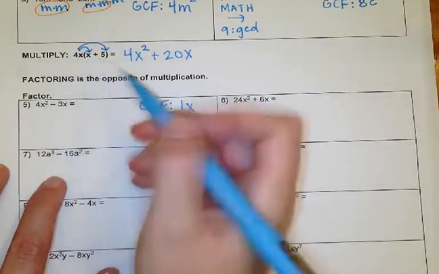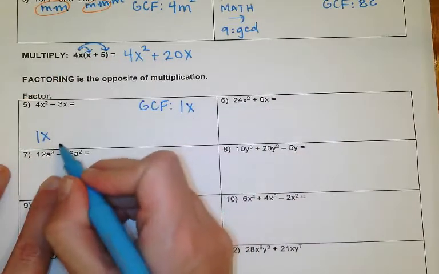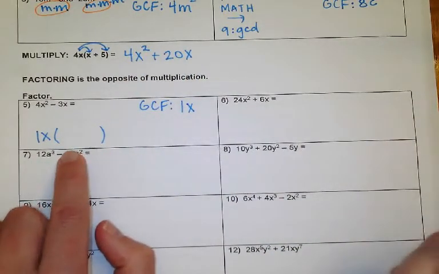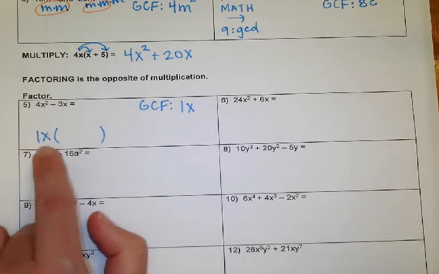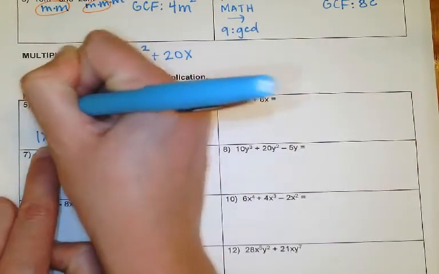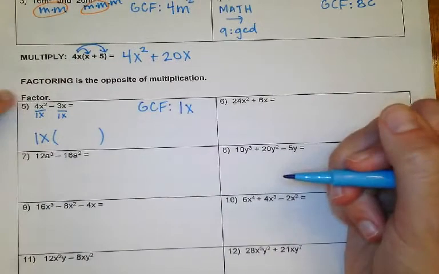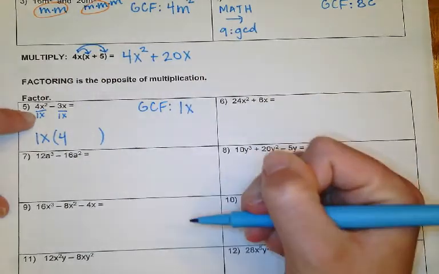So when we do this backwards, when we factor, we're going to bring the GCF to the front. And in the parentheses, we're going to write what is left behind when we divide the 1x out. So this is really the math that we're doing. We are dividing both of these by 1x. So 4 divided by 1, which is a little 4 here.